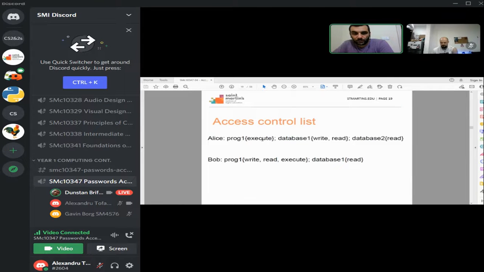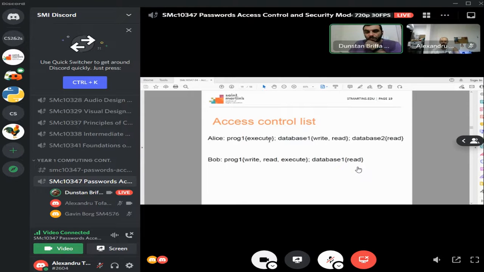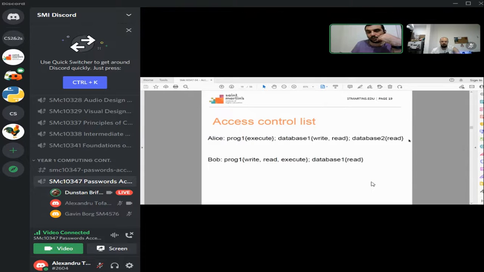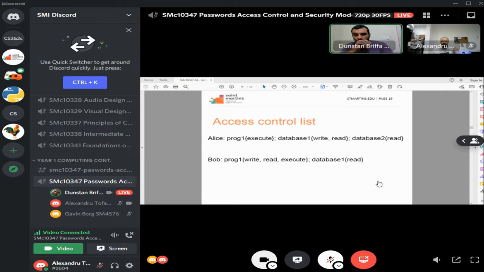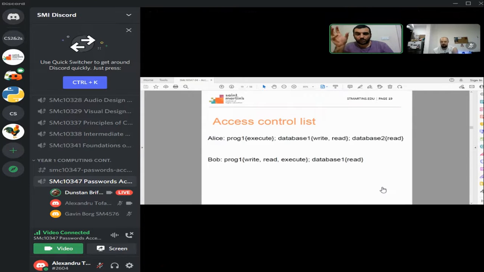In the case of program 1, Alice has the permission to execute. In the case of database 1, Alice has the permission to write and read. In the case of database 2, Alice has permission to read only. Those are the permissions which are defined for Alice. It's quite easy to understand.